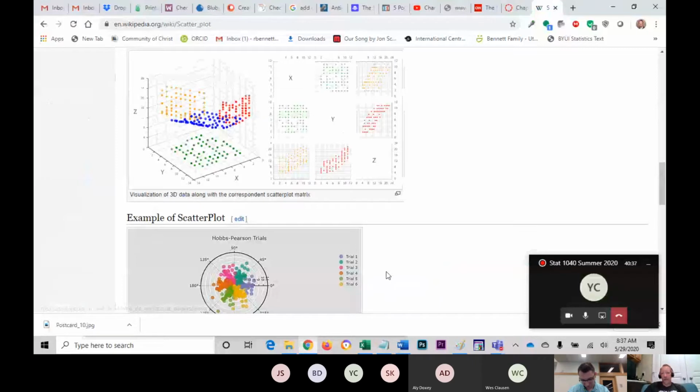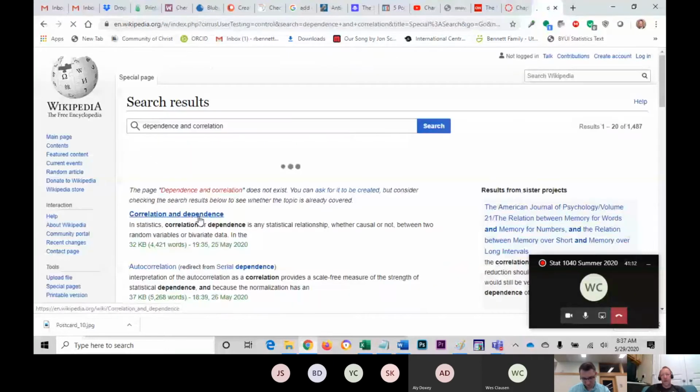Okay, sorry, I wrote it backwards. Okay, but the idea here is, this is a really good one. This is one of my favorites to draw. Okay, all right.